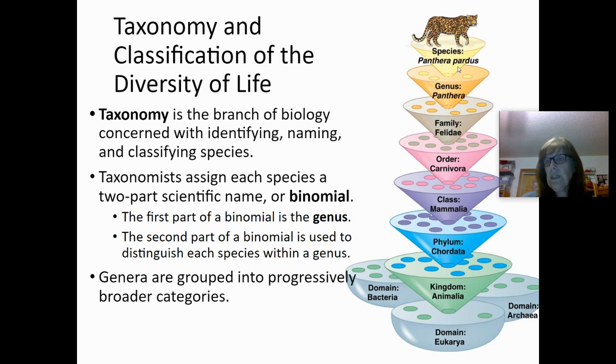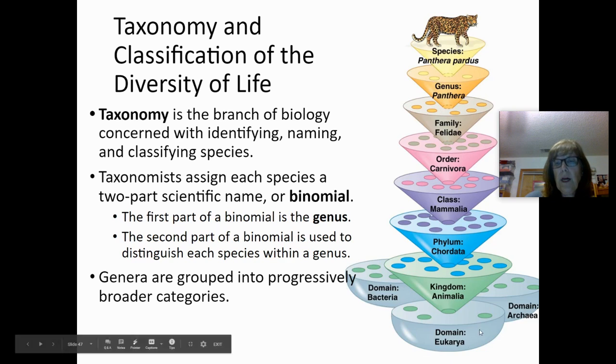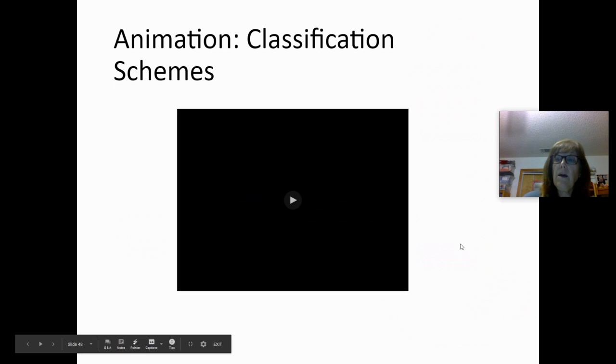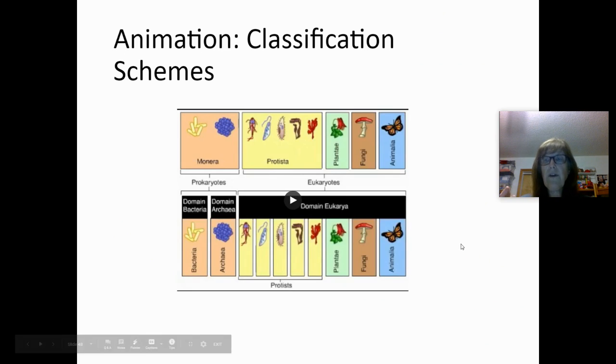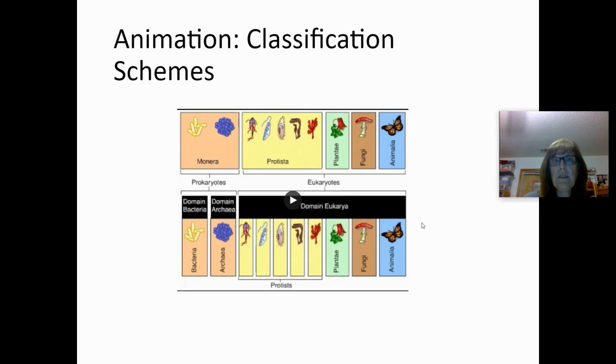And they are normally in Latin, and they are normally universally named, so that if I talk about Panthera pardus in the United States, then somebody in Africa knows that I'm talking about Panthera pardus, or this cheetah, no matter where I'm at in the world, okay? So these are the most specific categories, the genus, species. The broadest category is the domains. Make sure you have those memorized: domain, kingdom, phylum, class, order, family, genus, species, okay?